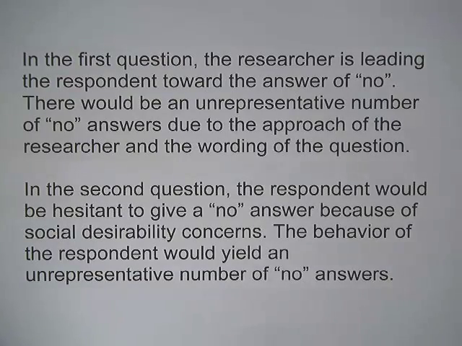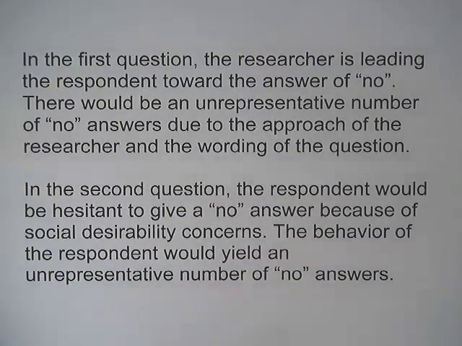That's a pretty negative statistic that maybe would cause people to think, yeah, maybe I shouldn't support lowering the legal drinking age. So there would be an unrepresentative number of no answers due to the approach of the researcher and the wording of the question. Again, this would cause the answer not to correctly reflect the respondent's view because of the way it was worded.